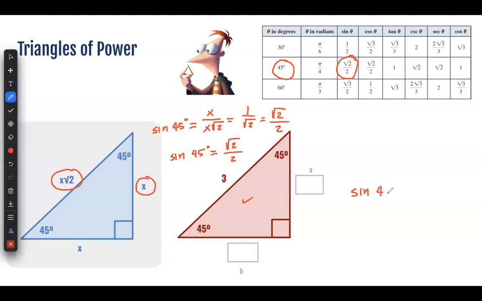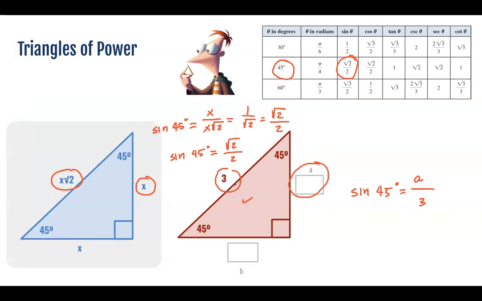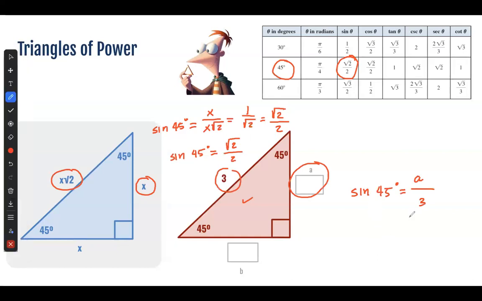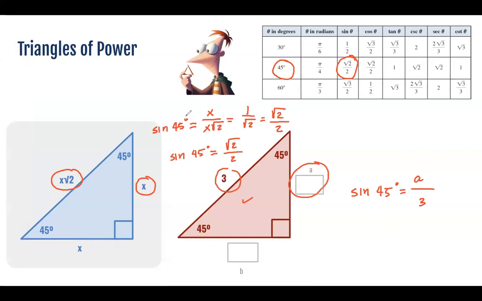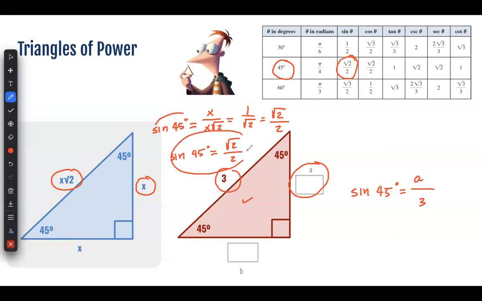So sine of 45 has to be equal to a divided by 3, meaning the opposite divided by the hypotenuse. And if I know that statement needs to be equal to the square root of 2 over 2, I'm going to substitute this over here, making the square root of 2 over 2 equal to a over 3.